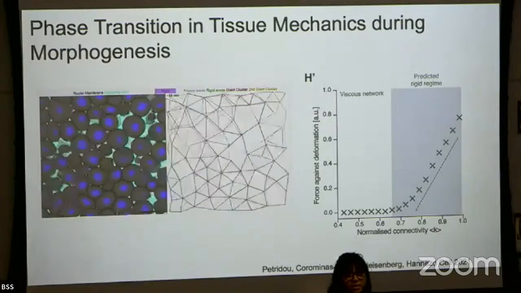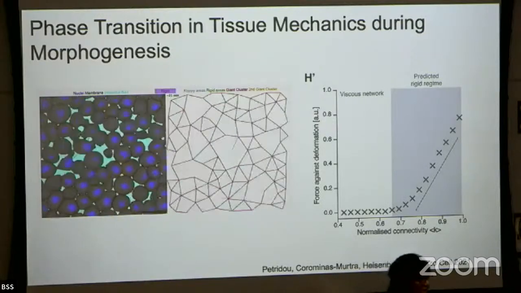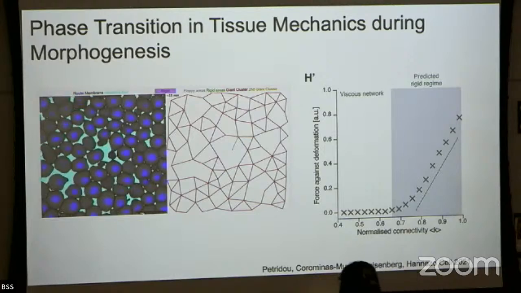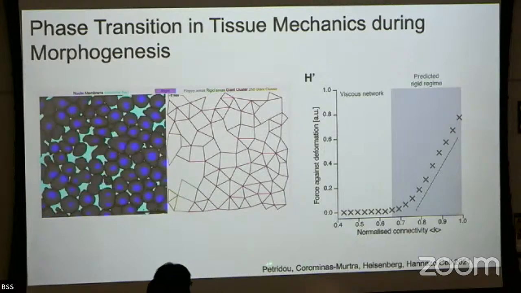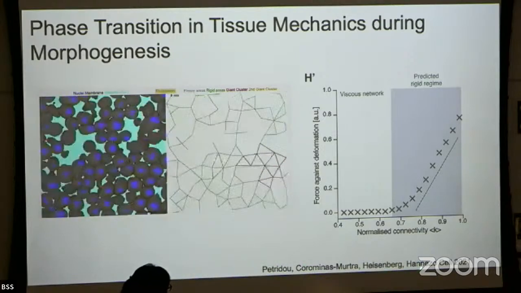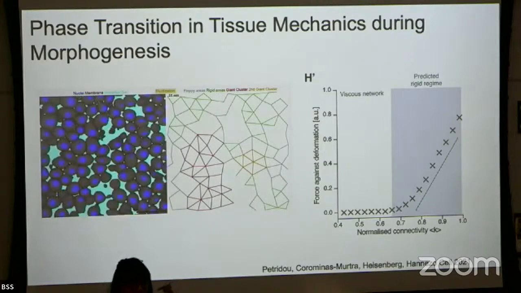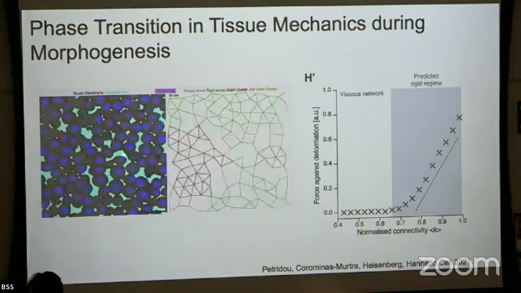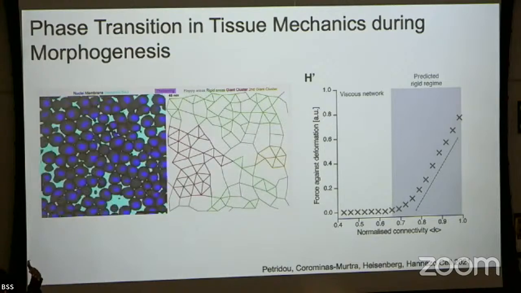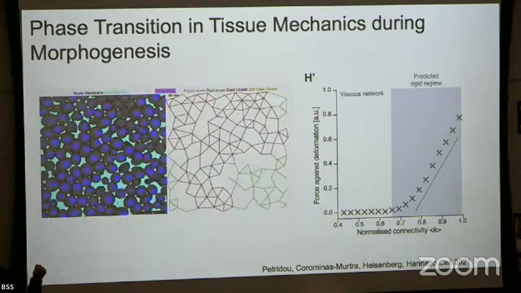So before we go to semi-flexible networks, you can ask, a spring network is a very idealized situation. What is it good for, right? Somebody might ask that. So here, the last author of this paper is actually going to be at the summer school in the 3rd week, so he can tell you more about it. They're looking at morphogenesis in zebrafish embryos. During this phase called gastrulation, the embryo goes through a solid-liquid, or rigid to non-rigid, phase transition.